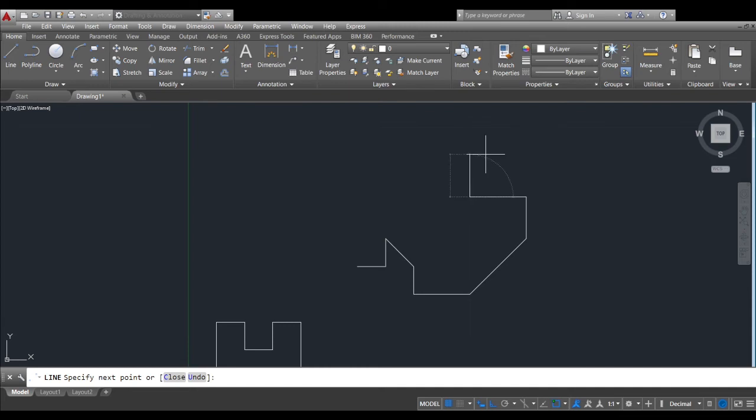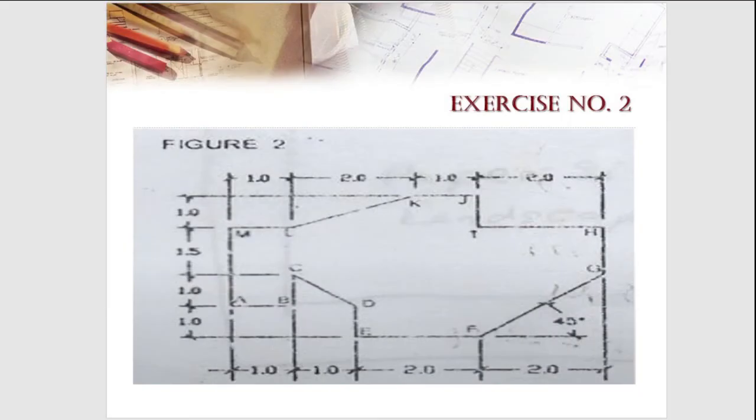Okay, and now for letter J, we move 1 unit upward, and there's no movement in x coordinate.